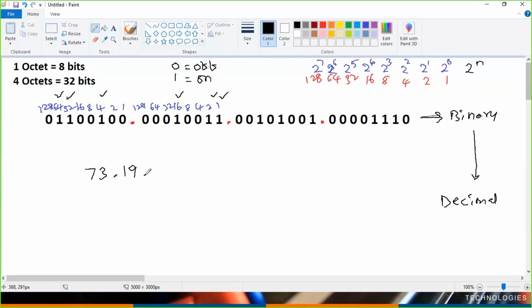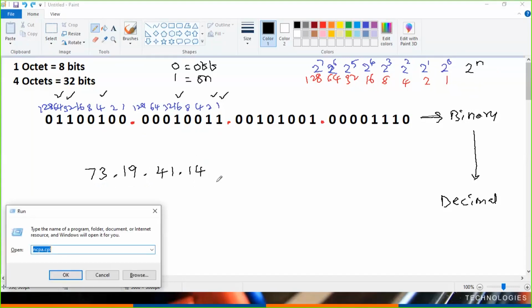Third octet, right? 41. Okay. 14, fourth one. 14. Right. So we got one address now. 73.19.41.14 is one IP address.